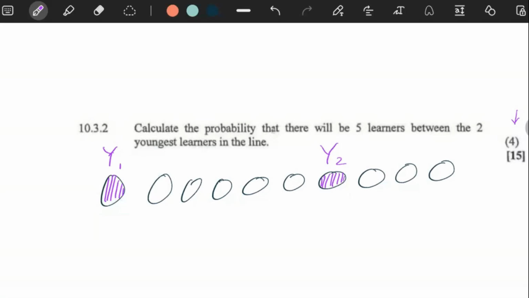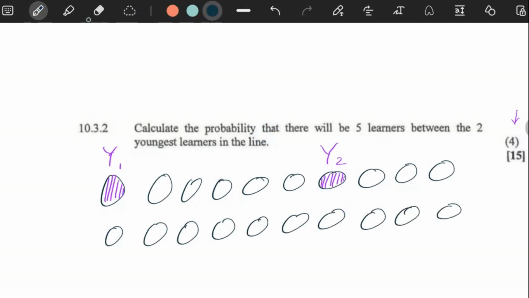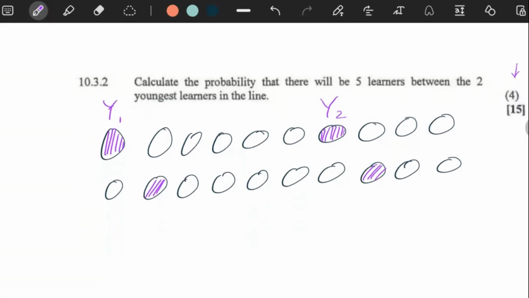So logically, this is scenario number 1, where there are 5 chairs in between them. And then scenario number 2, I think for this kind of question, I have to draw out all the scenarios. Scenario number 2 is 1 young learner sits here, the other one sits there. And then scenario number 3, you can already see where this is going.